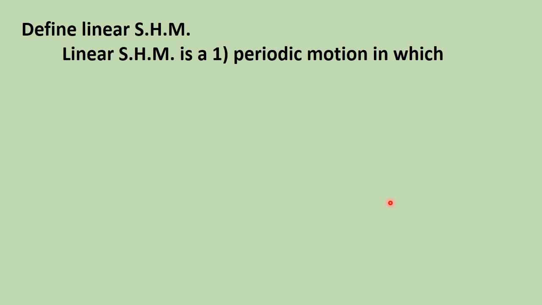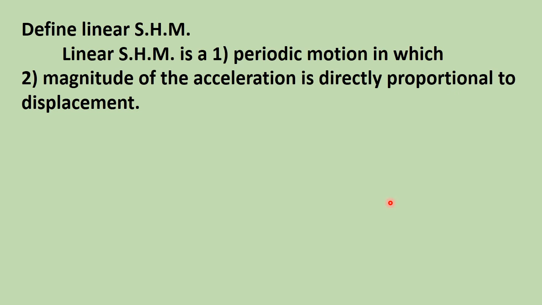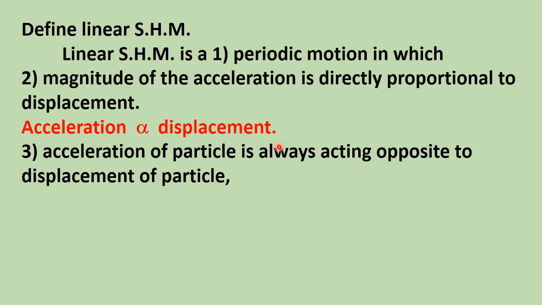Linear simple harmonic motion is a periodic motion in which the magnitude of acceleration is directly proportional to displacement, and the acceleration of the particle is always acting in the opposite direction to that of displacement.